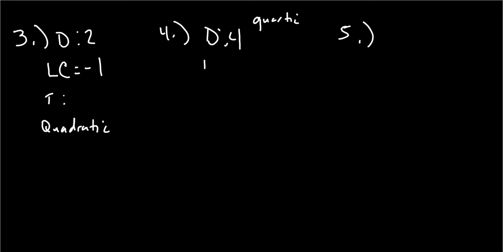That's the type. The leading coefficient was 8. Number 5, the degree was 4, which makes it a quartic. The leading coefficient was pi, which is okay. You're allowed to have a number, even though it's pi.